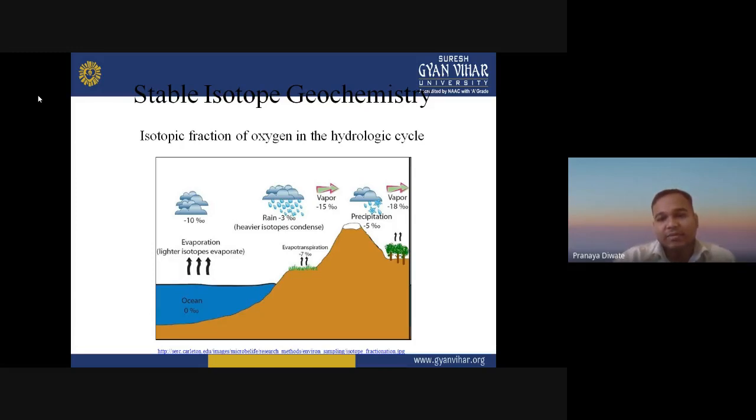This will be in the form of vapor and in the precipitation. The rainwater starts pouring down on the surface. So in this form you have water vapor.